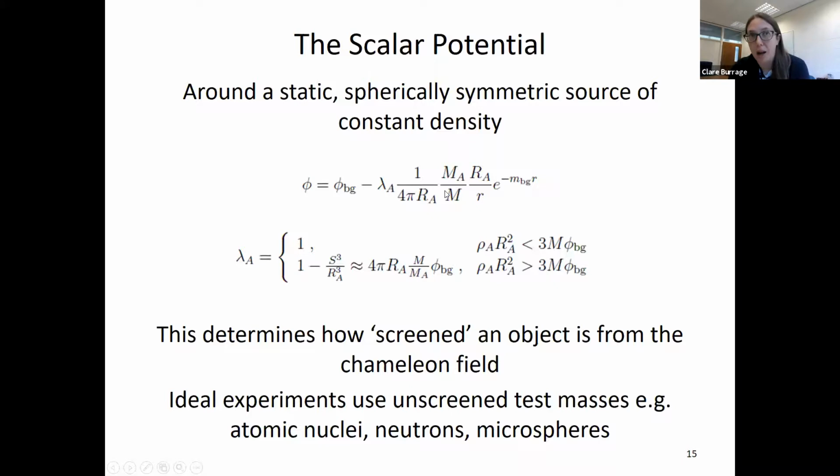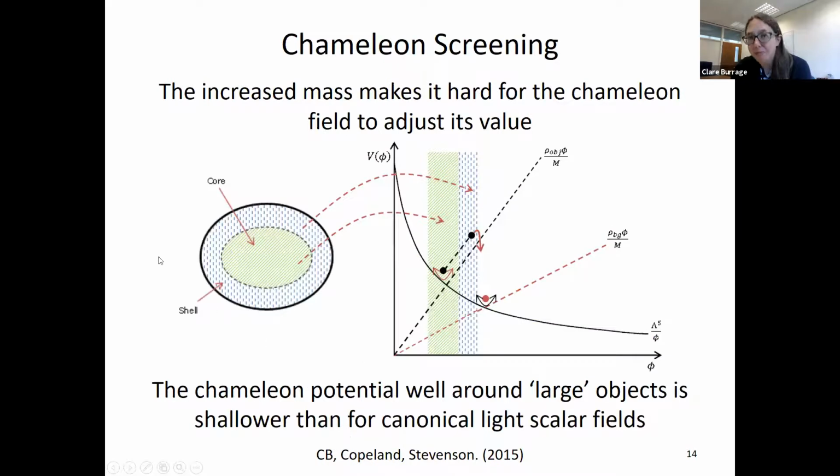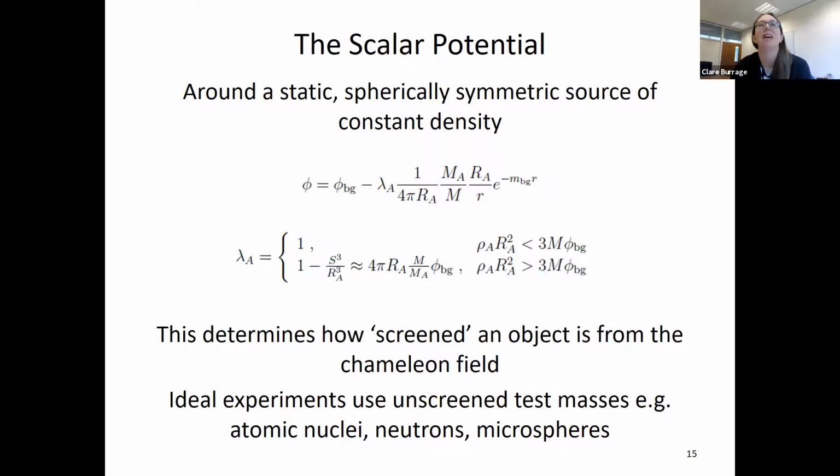So the price we've paid is that we had to give it a more complicated potential. We had to have a nonlinear potential, rather than a mass term. You can check this effect doesn't happen if we just have a massive scalar field here. But what we gain from doing that is this thin shell effect, whereby it's no longer the whole of the mass of the object, the source of the fifth force is just the shell near the surface.